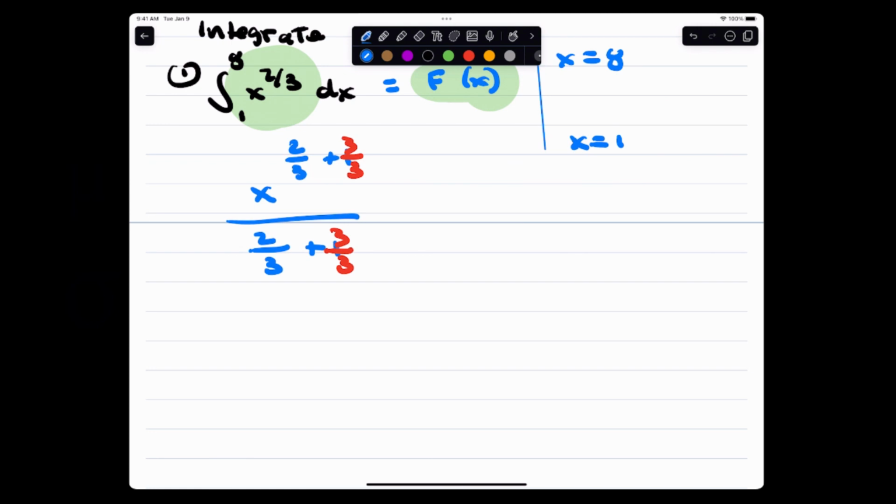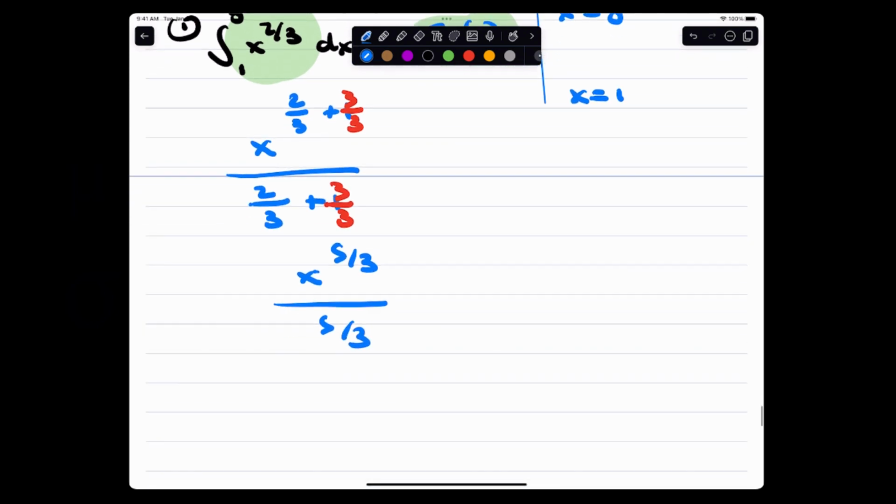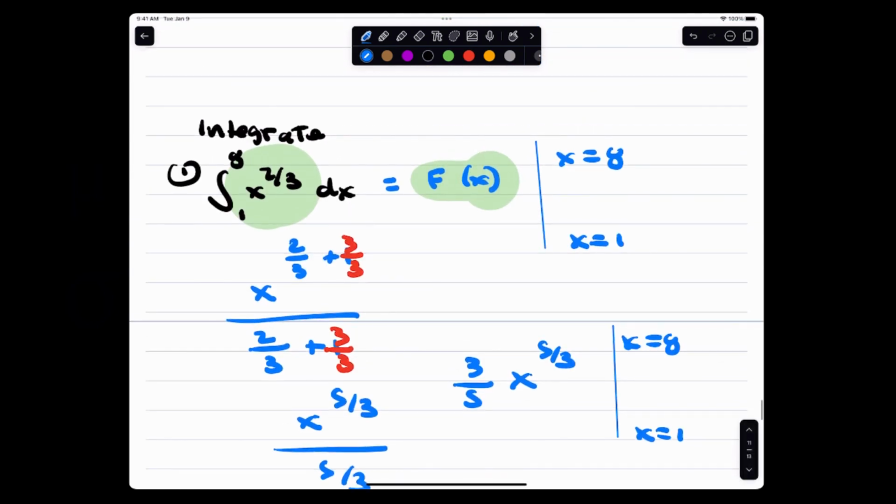So this is going to be x to the 5/3 divided by 5/3. And you guys know, just write the reciprocal. That's 3/5 x to the 5/3, evaluated from x equals 1 to x equals 8. So here's your antiderivative.